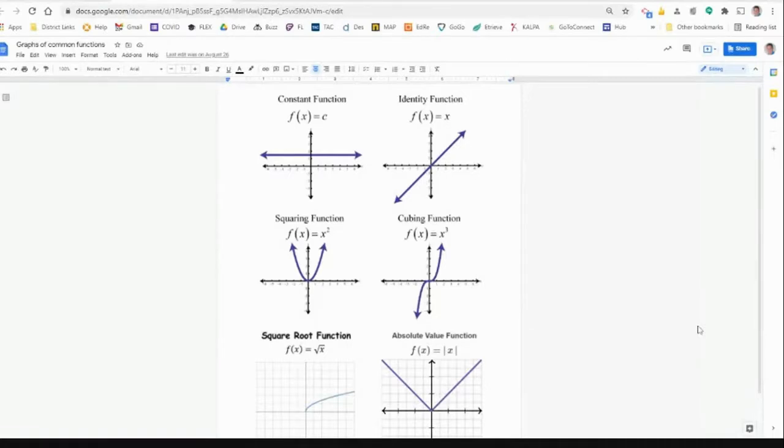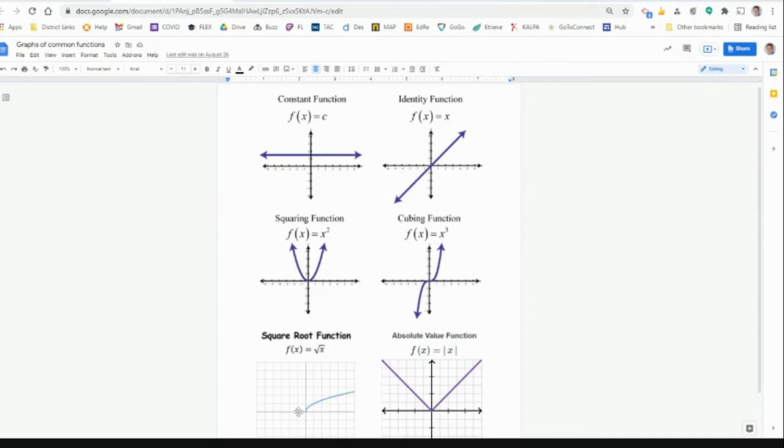So in our lesson, there's going to be a link right off the bat, the graph of the most common functions. We have the constant function, which is just a horizontal line where y equals a number, that's c. We have the identity function, that's that diagonal y equals x. We have a squaring function where we have x squared, we have a cube, x to the cube. So this is linear, this is quadratic, and this is to the third power.